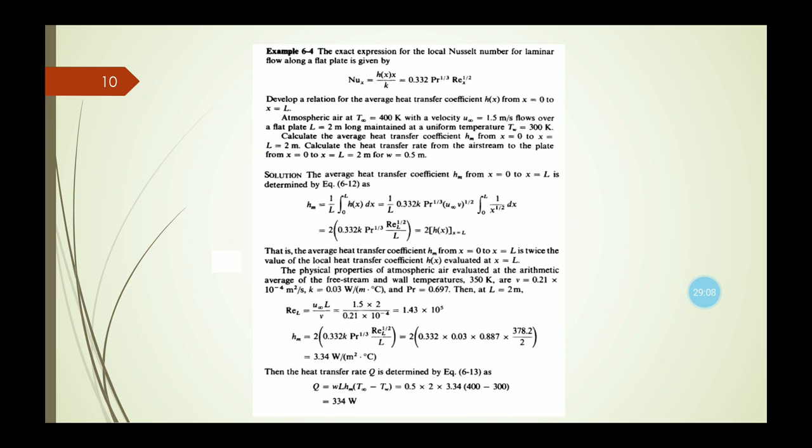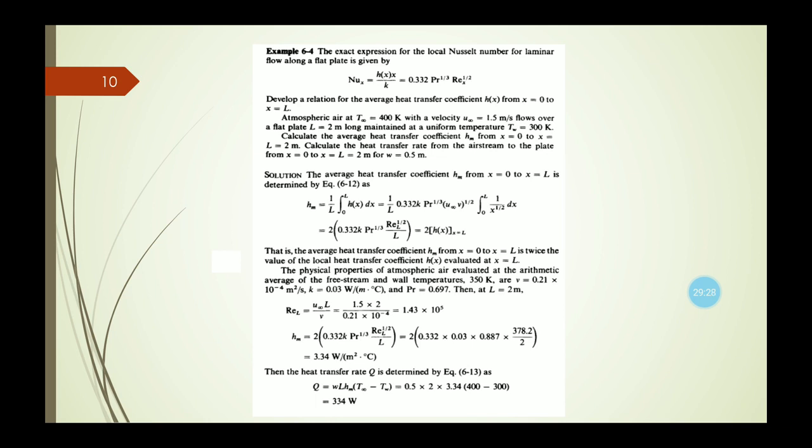Now the mean or average heat transfer coefficient formula we have calculated just now. It is 2 multiplied by 0.332 k Prandtl number to the power 1/3 and Reynolds number to the power half, divided by L. Here the value of the thermal conductivity is known to us, 0.03 watt per meter degree centigrade.